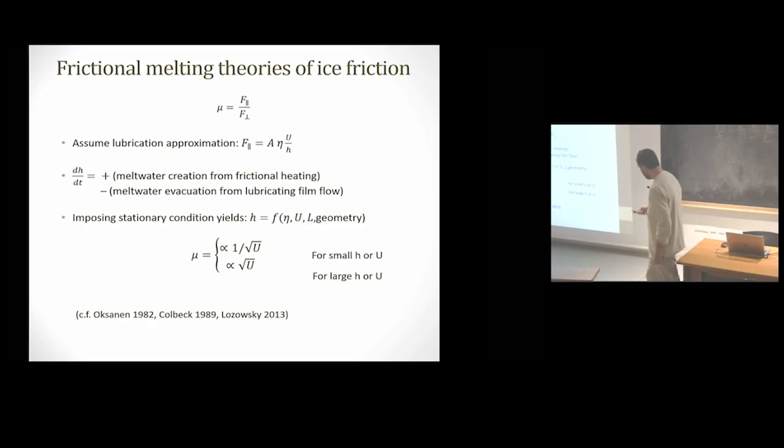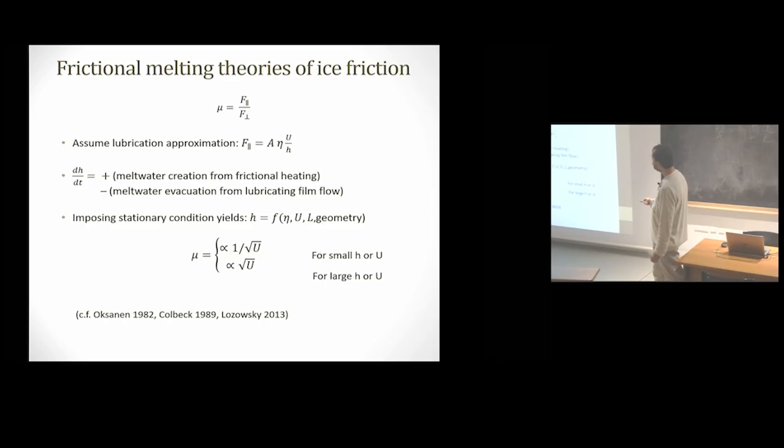So that's a favorable process that will increase the thickness of the meltwater layer. But then because of the flow, there are Couette flow and squeeze flow that move the meltwater out between ice and the slider, and that depletes the meltwater layer.